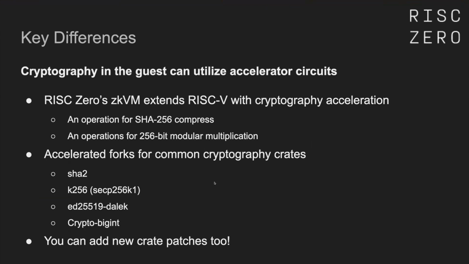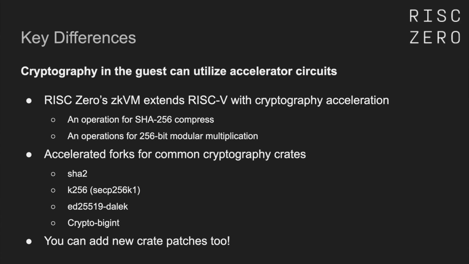And this actually gets us to the next thing, which is that RISC Zero's RISC-V implementation includes a number of extensions. Two of those extensions are a SHA-256 compression circuit and a 256-bit modular multiplication circuit.